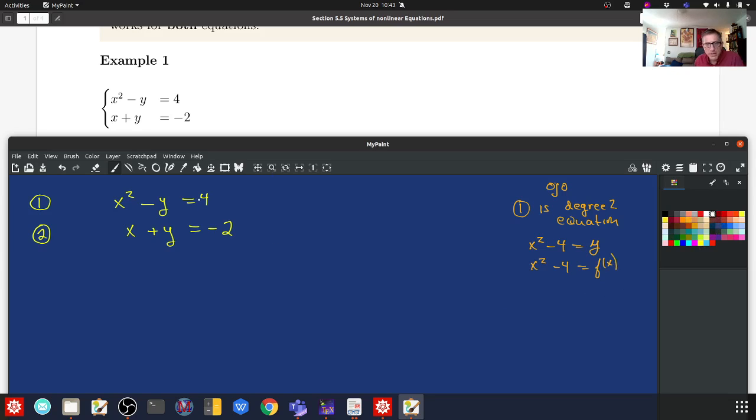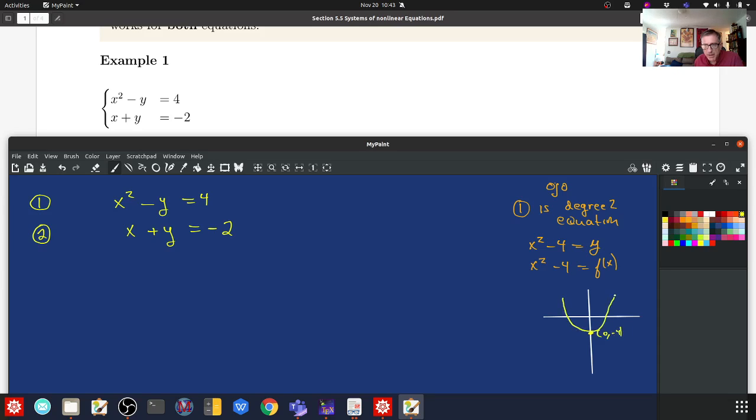And you should know now how to easily sketch the graph of that equation. Right here is going to be the point (0, -4).